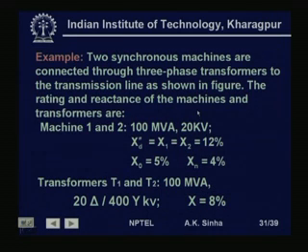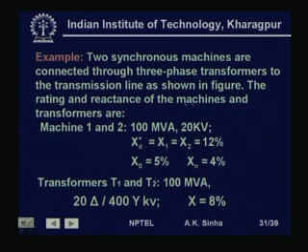Now we will take up a small example to see how we can build the Z bus matrix for any power system. Again we are taking an example which is 2 synchronous machines connected through 3-phase transformers to a transmission line as shown in the figure.